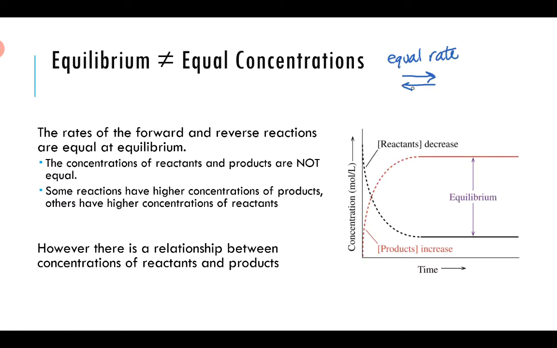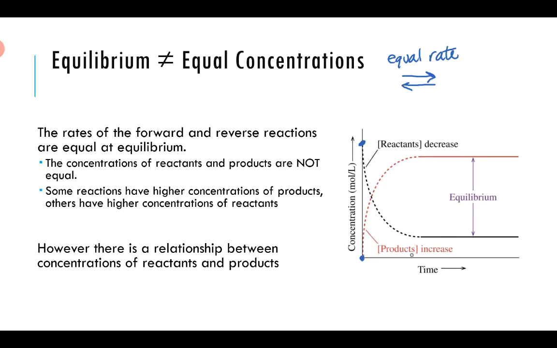We know that when we reach equilibrium, our concentrations of reactants and products don't change. So if we think about the course of a reaction, early in a chemical reaction, we start off with a lot of reactants and no products at all.